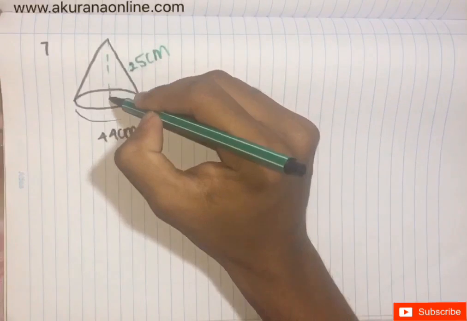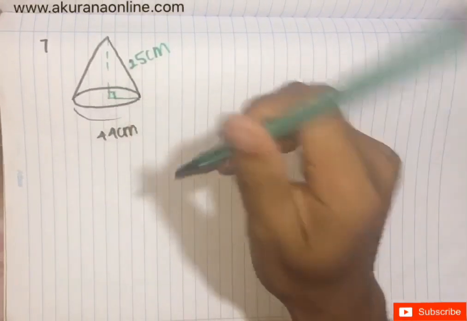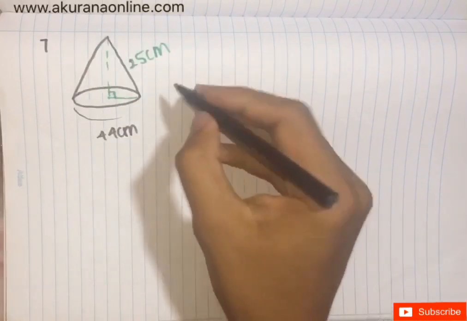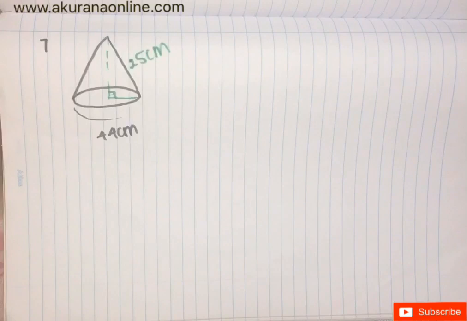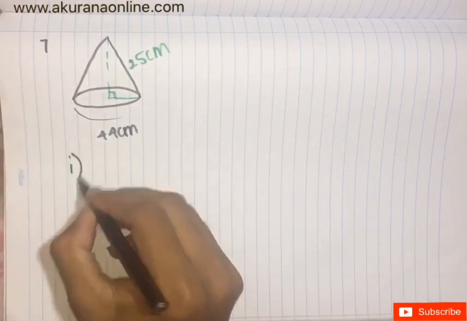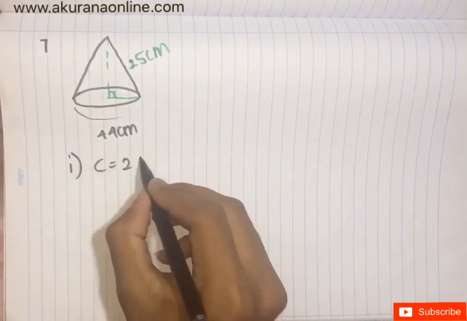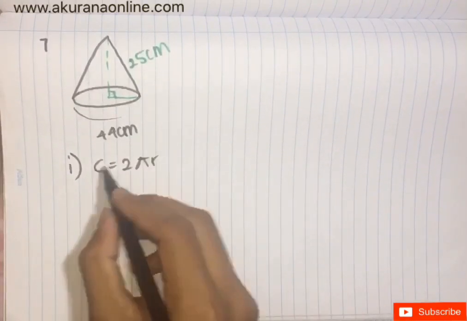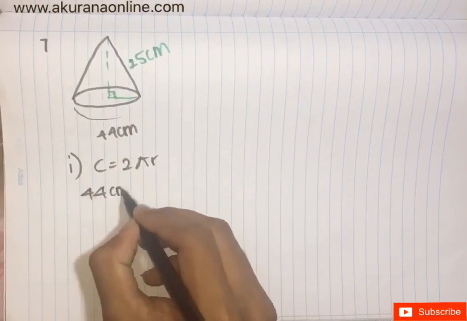Now you need the height in order to find the volume. You also need the radius. First, we find the radius. Circumference is equal to 2 pi r, isn't it? The circumference is given as 44 centimeters.